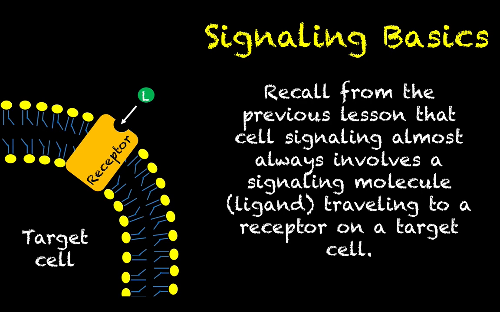So you'll recall from one of our previous videos that just about every kind of cell signaling process is going to involve a signaling molecule, which we can use the umbrella term ligand, and that ligand is going to travel either over a short distance, over a long distance, through a variety of different liquid mediums, to a target cell that possesses the correct receptor for that particular ligand.